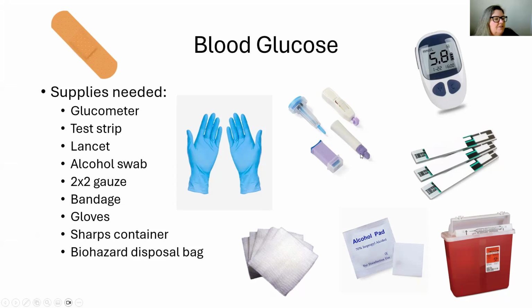Here are various types of lancet. That's what you actually do the finger stick with. Alcohol swabs, 2x2 gauze, a Band-Aid, some gloves, a sharps container to throw the used lancet into, and a biohazard disposal bag.